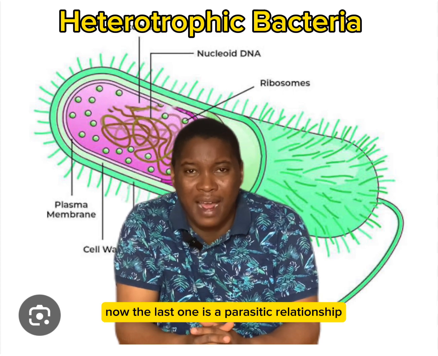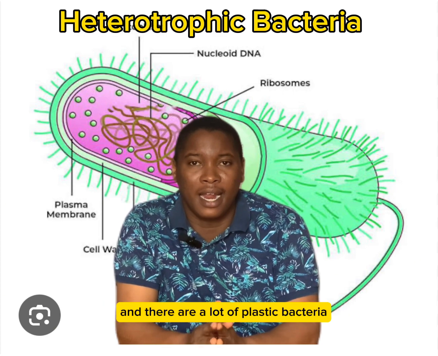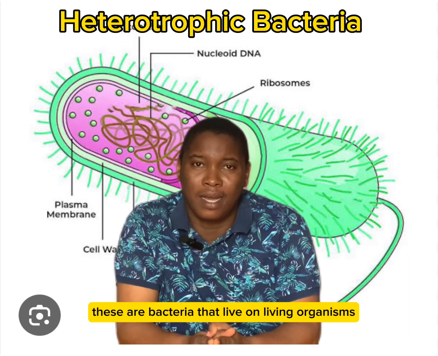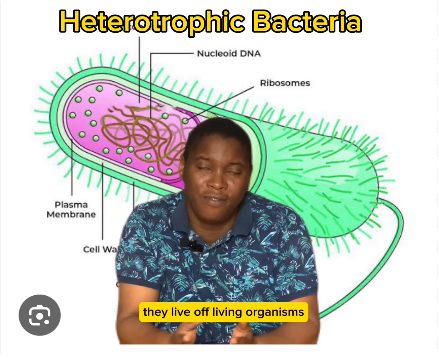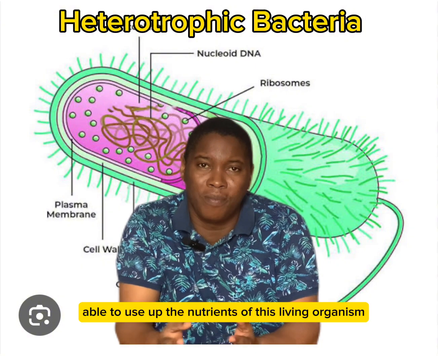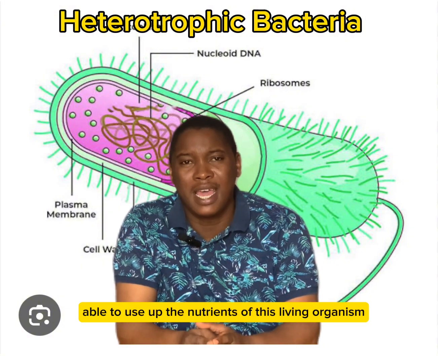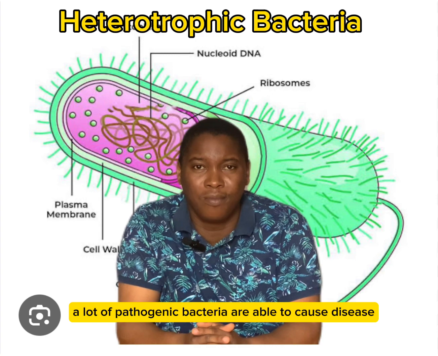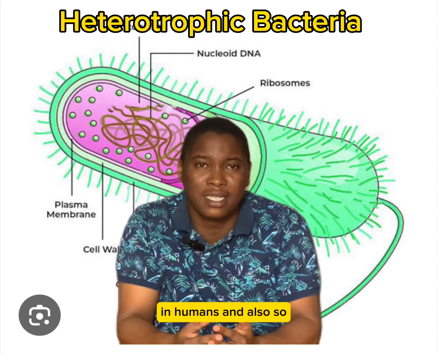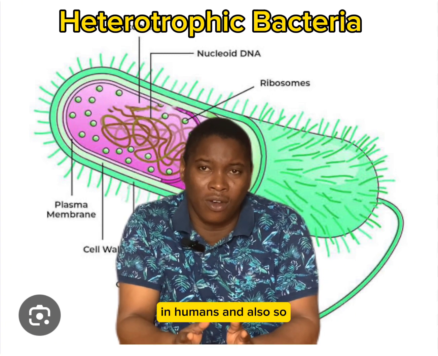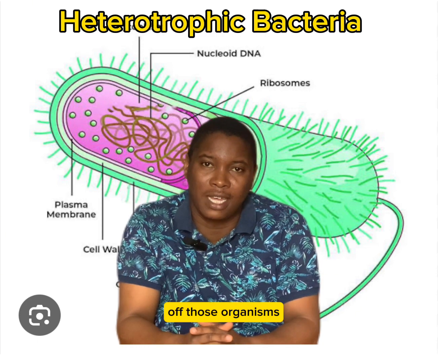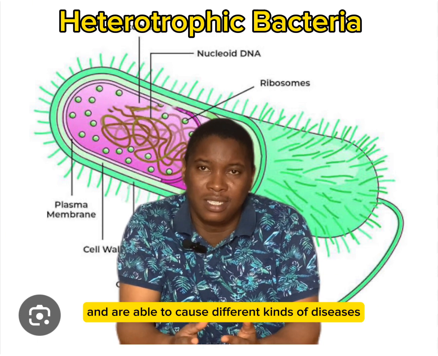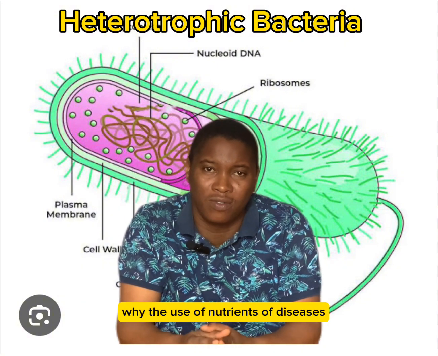Now, the last one is a parasitic relationship, and there are a lot of parasitic bacteria. These are bacteria that live on living organisms. They live off living organisms, and they're able to use up the nutrients of these living organisms. A lot of pathogenic bacteria that are able to cause disease in humans and all sorts of animals and even plants live off those organisms and are able to cause different kinds of diseases while they use up the nutrients of these organisms.